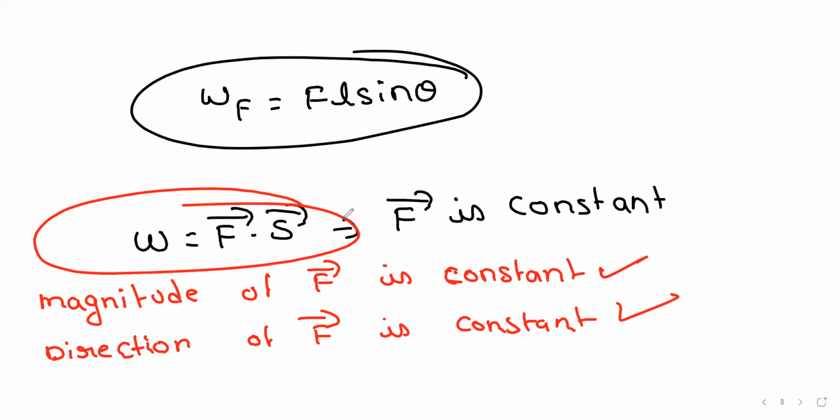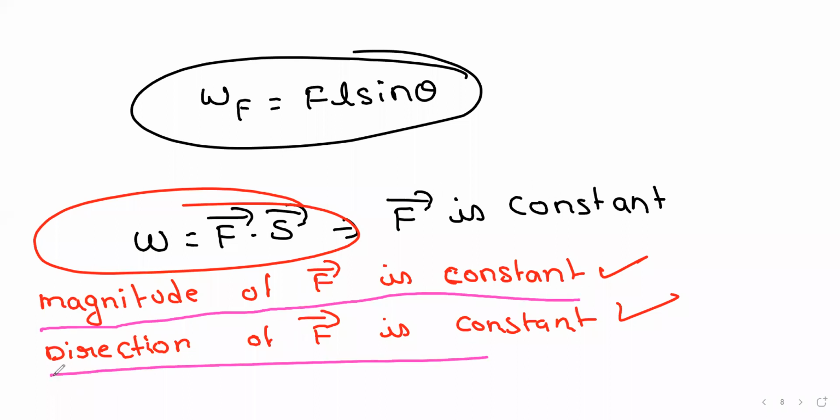Okay. So look here, work done is equal to F dot S is applicable only when force is constant force. So force F is constant means magnitude of force F is constant and direction of force F is constant.